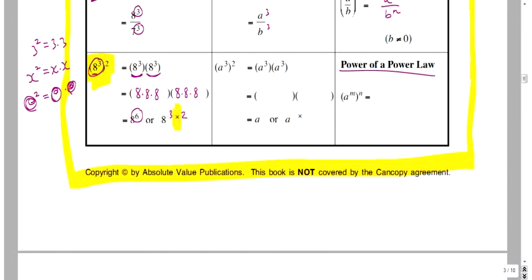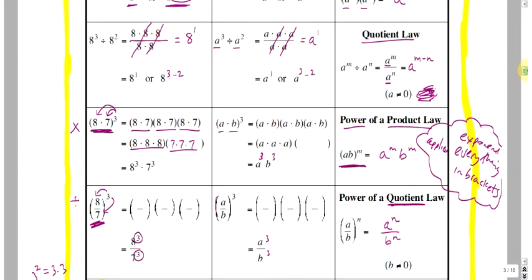This you have to stick in your noodle. This is called the power of a power, okay? So if you have A, it's the same thing. What's 3 times 2? Okay, I don't care what this is. Squiggly, right? So this, there's only 1 base. It's not, let's go back.